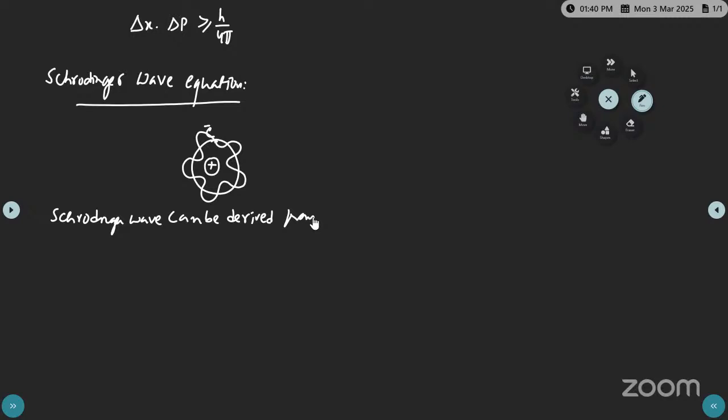What is the fundamental equation from the wave theory? dou square psi by dou x square is equal to minus 4 pi square psi by lambda square.